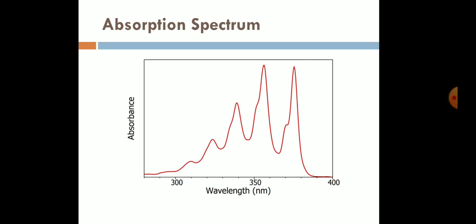Now why has the light been absorbed by the sample? Because the wavelength or energy of this light corresponds to the energy gap between the various levels of the molecule. They can be electronic energy levels, vibrational energy levels, or rotational energy levels, and the energy of this light is matching with that energy gap between the levels of the molecule, and hence it is absorbed.